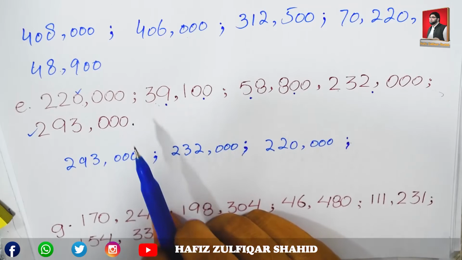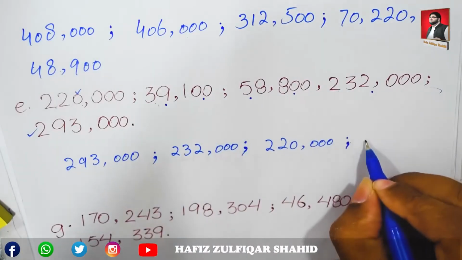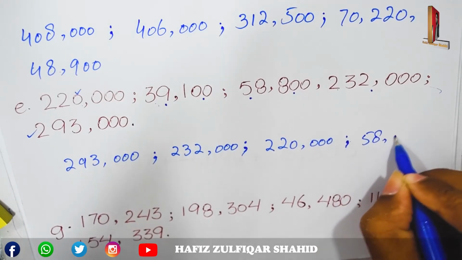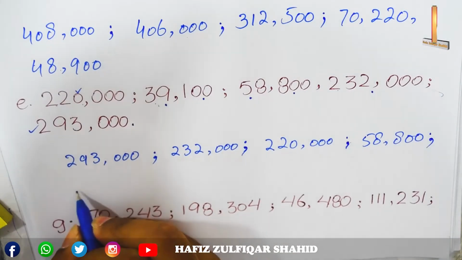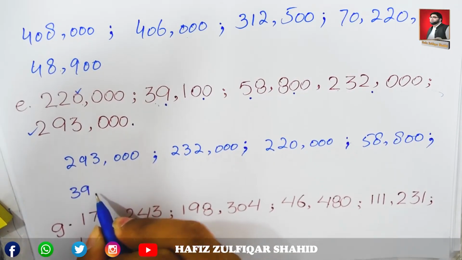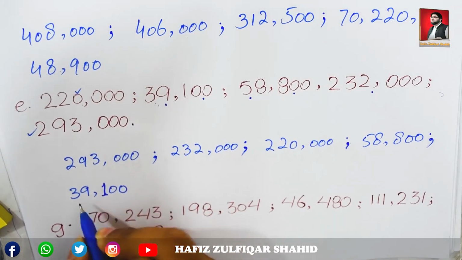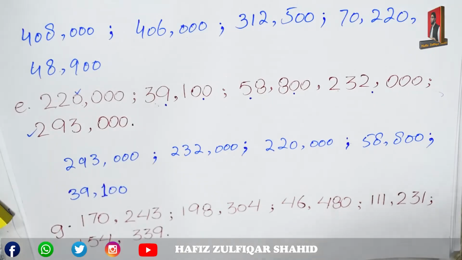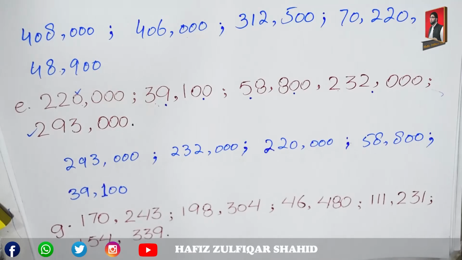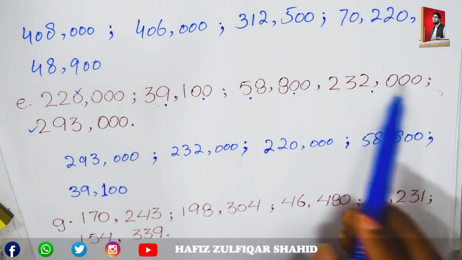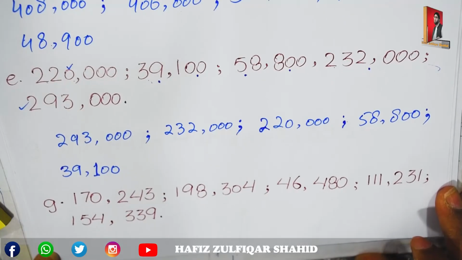Now compare the remaining two values, which is the largest one, and it is 58,800. And in the end we have remaining with us 39,100, and we can see that 39,100 is the smallest value if we compare with the remaining 4 values.